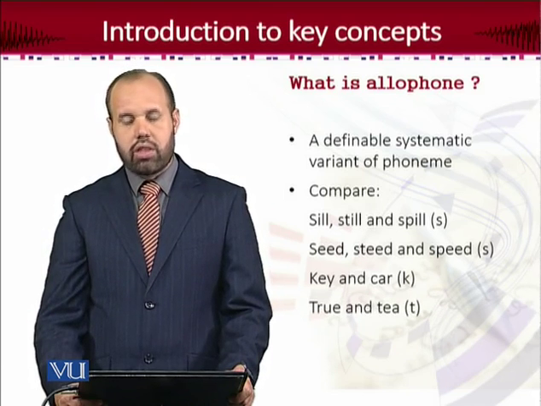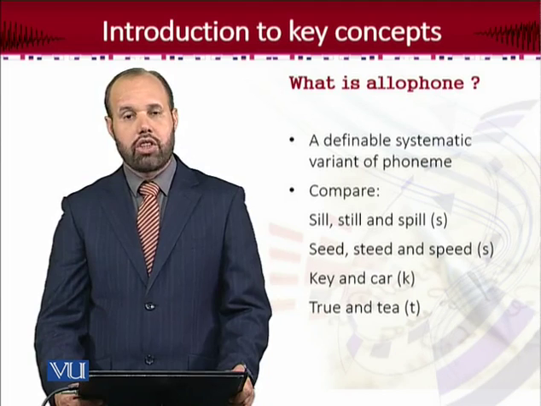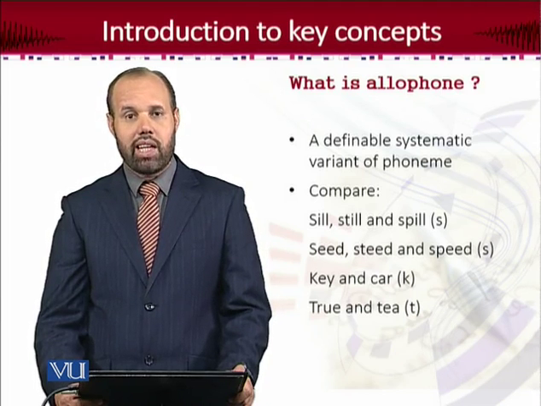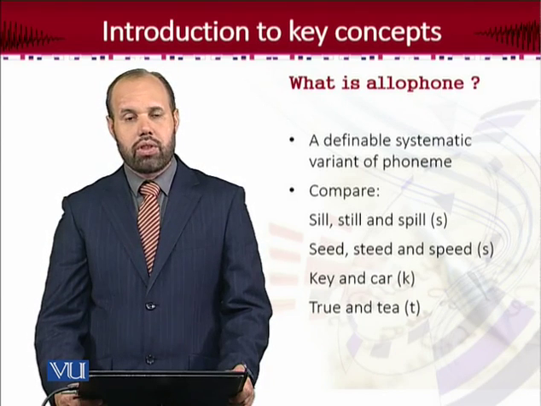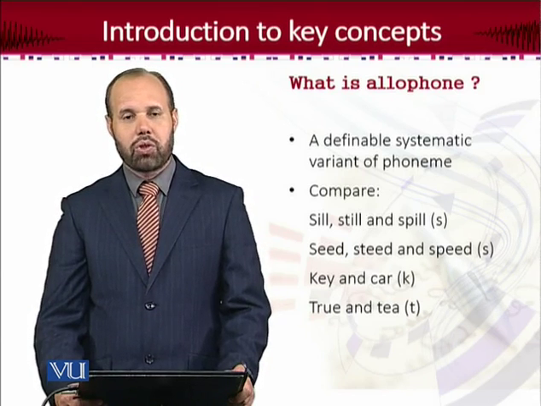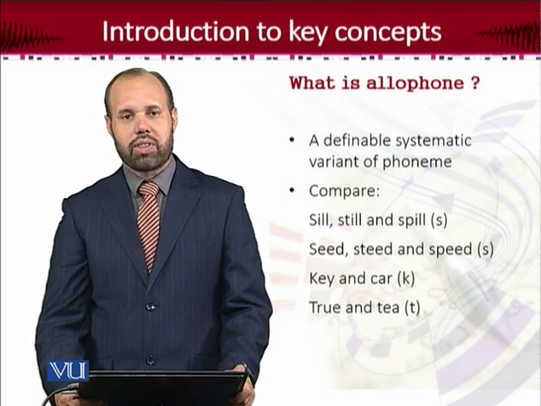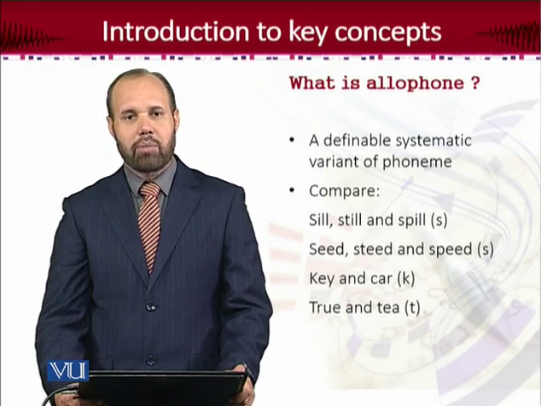And then the t in these two words, true and tea. Both of them are different. In true, the t is more towards the alveolar ridge, and in tea, it is more towards the tip of the tongue and the front part of the tongue.